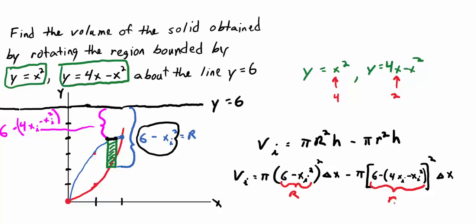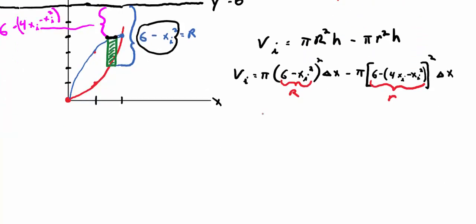I want to set up the integral and simplify the integrand to emphasize that it's important. Once you simplify the integrand, it's reasonably easy to evaluate, and I'll leave that to you guys. So let's stick with v sub i and simplify. First of all, I'll put pi on the left side, and we'll factor out the delta x on the right side.